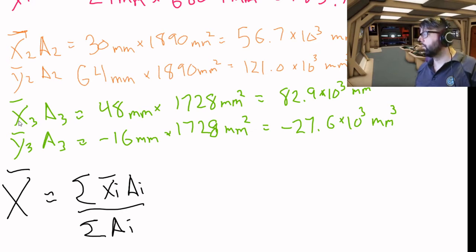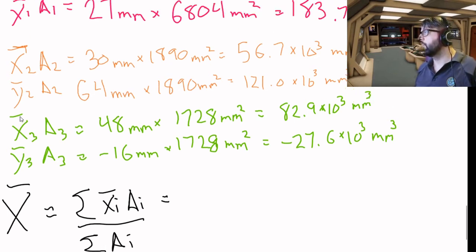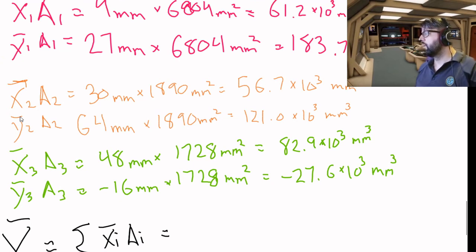So, well, let's do that directly. So we got 61.2 plus 56.7 plus 82.9.